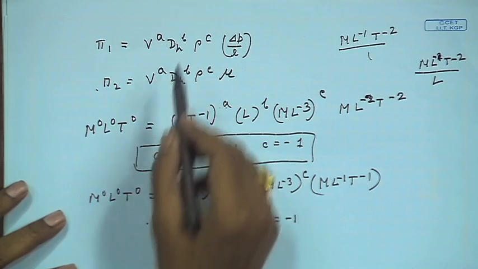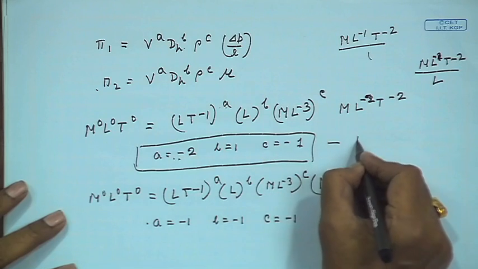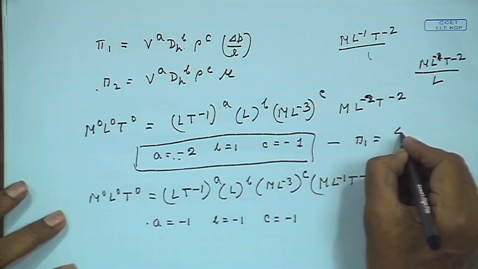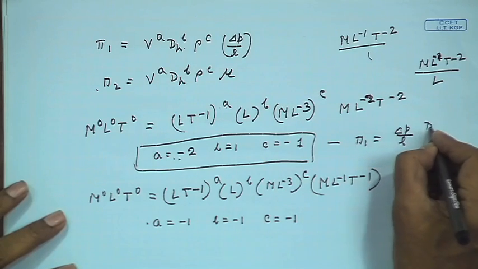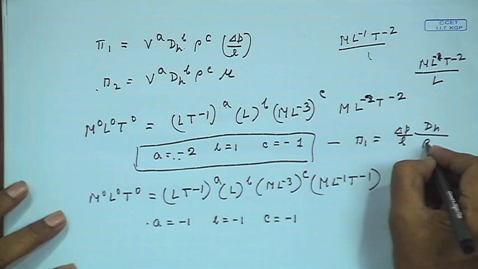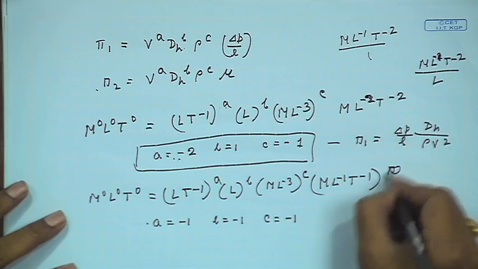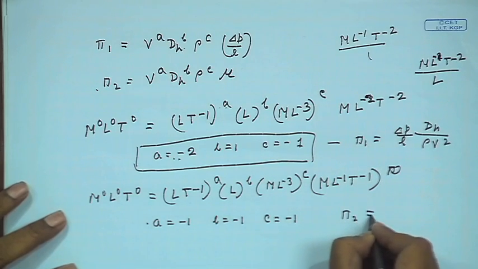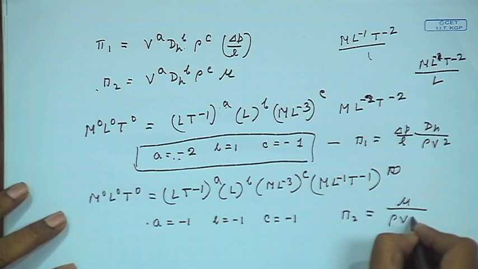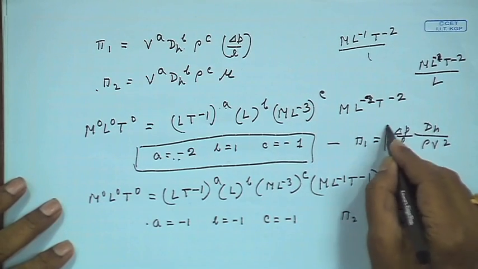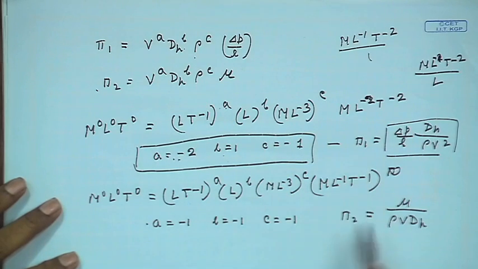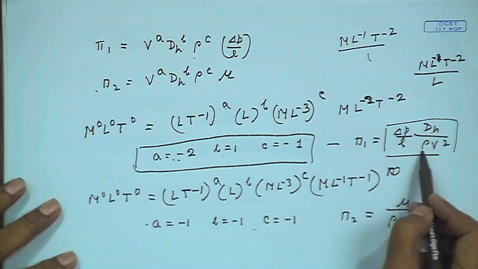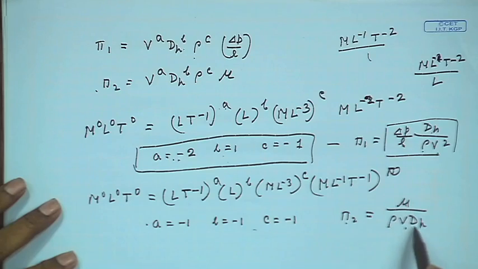If you put these values of A, B, C in the pi terms, pi 1 is delta P by L times dH by rho V square, and pi 2 is mu by rho V dH. Thank you.